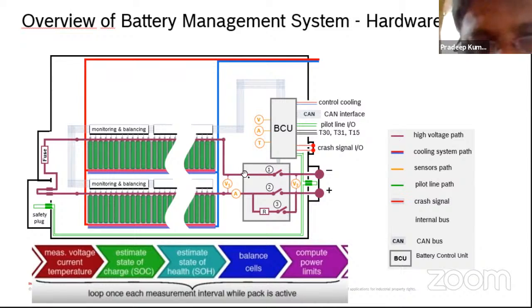But you have the capacitor here. That capacitor is storing a huge amount of energy, and if somebody comes in contact with that capacitor or the rest of the circuit, he will get a heavy shock. So during a crash, that capacitor gets discharged through the electronic circuitry used for the inverter, and the inverter electronic circuitry, the IGBT or MOSFET which is used, has the capability to discharge that.